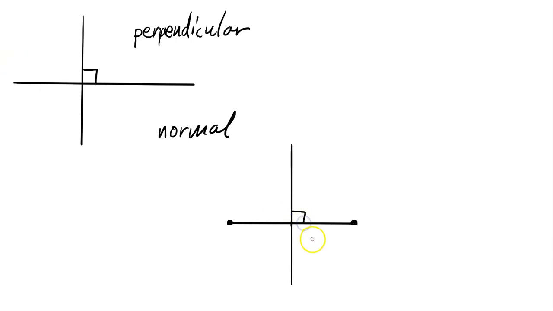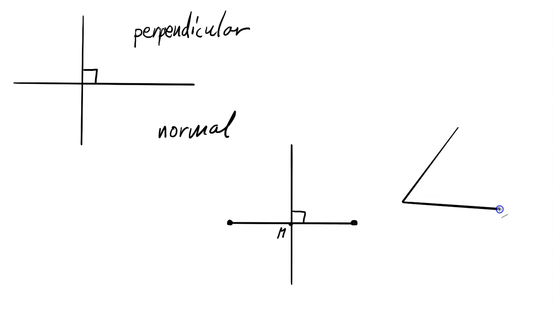So we have 90 degrees here. Then this one is called a perpendicular bisector to this one. So if this is the middle point of this line segment, this is a perpendicular bisector to this one. We can also talk about a bisector for an angle.